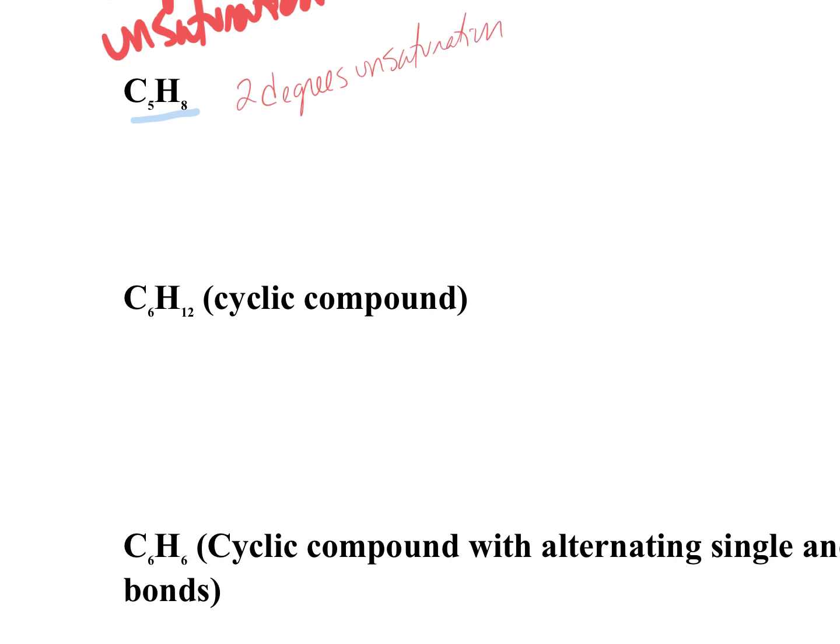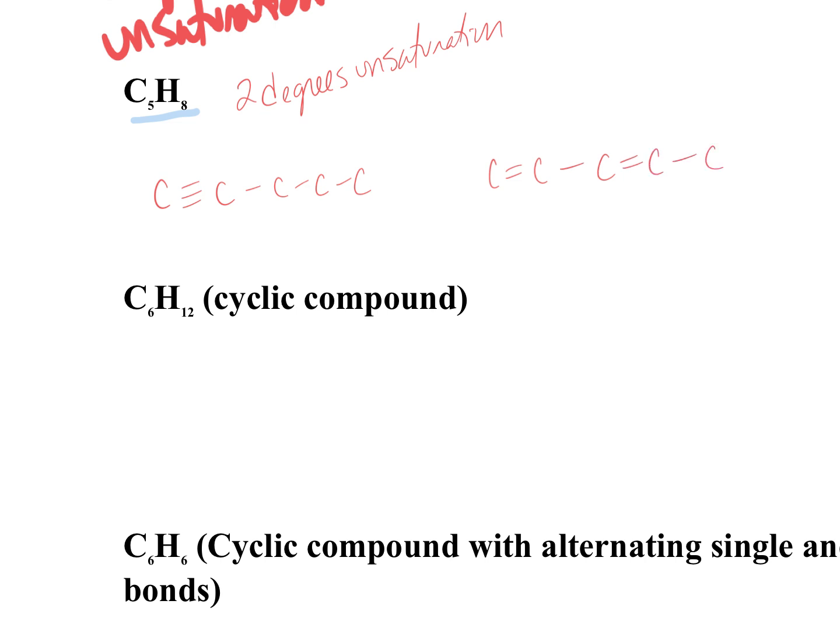What that means is that we can have some combination of double bonds, a triple bond, or rings that will allow us to only have 8 hydrogen. So what we could do is we could have a carbon with a triple bond to another carbon. We could have a carbon with a double bond, and then another double bond.